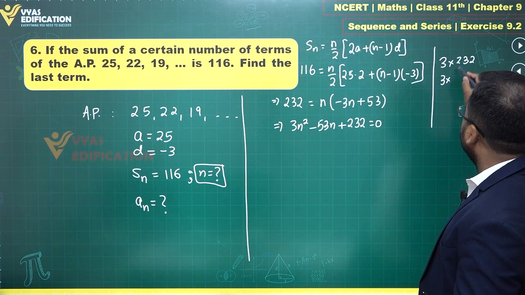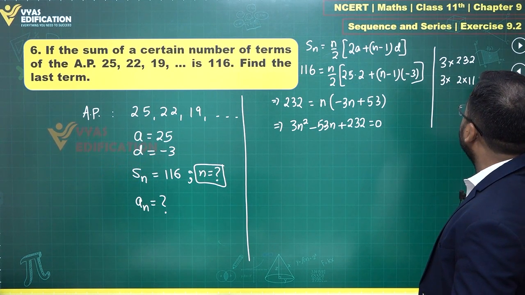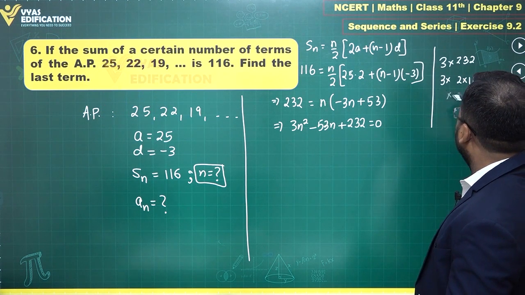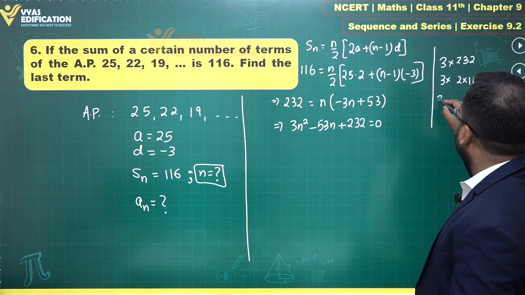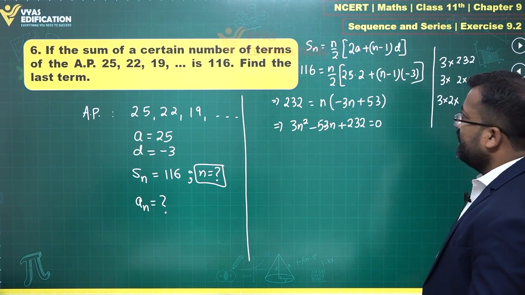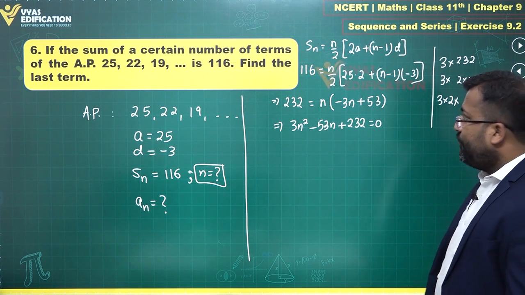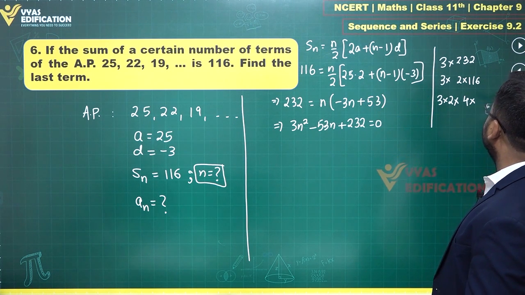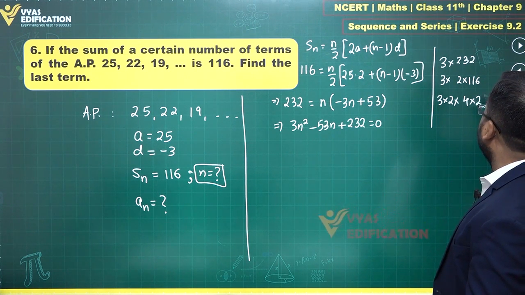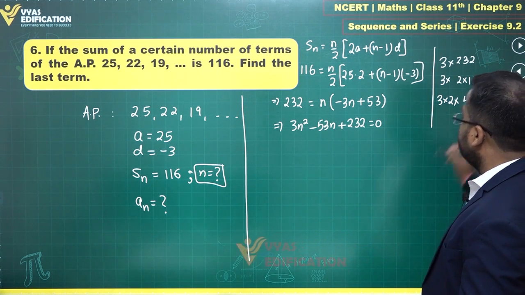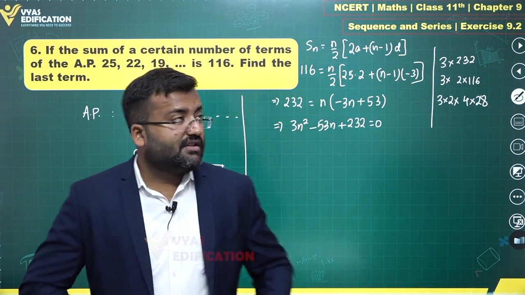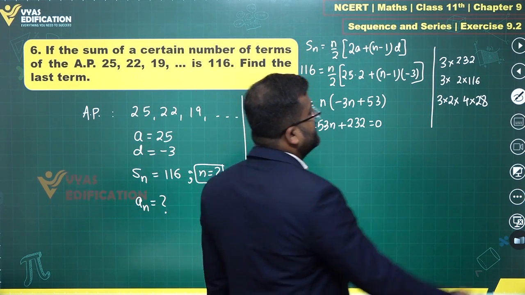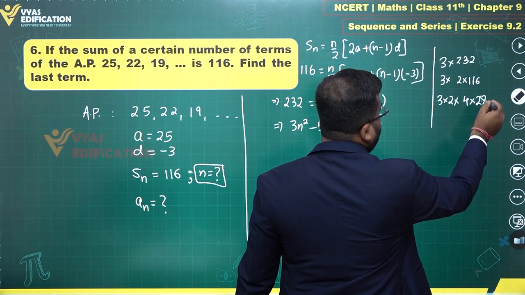So 3 into 232, this can be written as 3 into 2 into 116, and 116 can be written as 4 times, what is this, 29. Please take a look at this. 20 and 30, no, this is not 28, this is 29 over here.